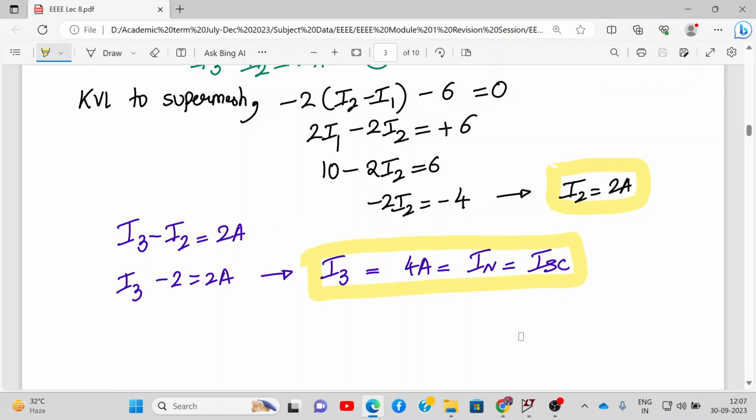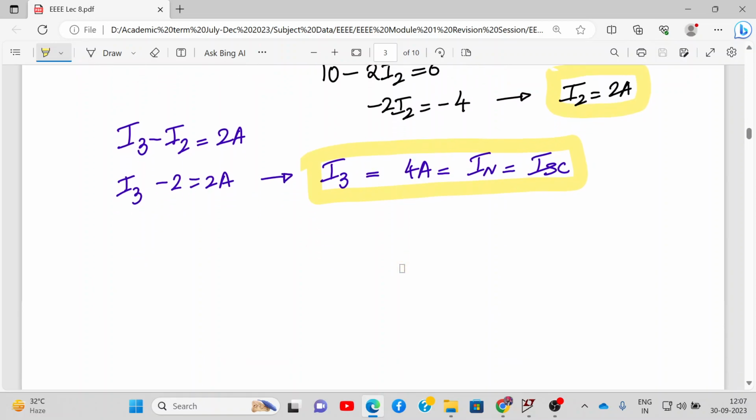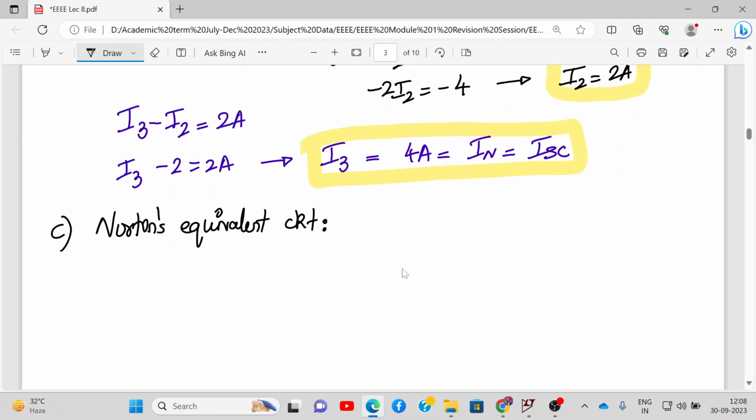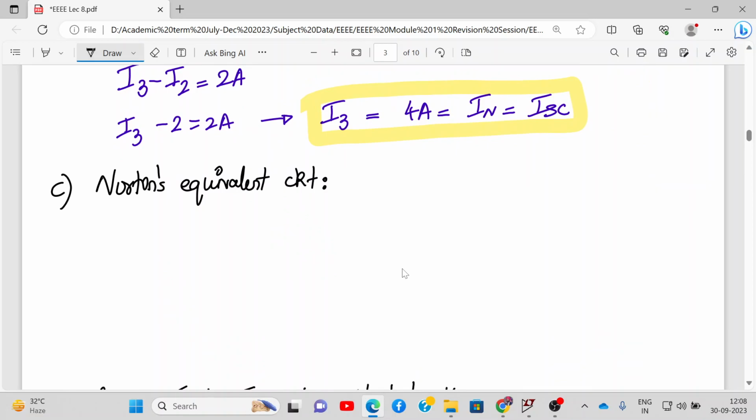Alright. Now after doing this, we have to draw the Norton's equivalent circuit. So part number C is Norton's equivalent circuit. So let's draw Norton's equivalent circuit. How will it be? There will be a single current source, IN, in parallel with Norton's resistance RN.